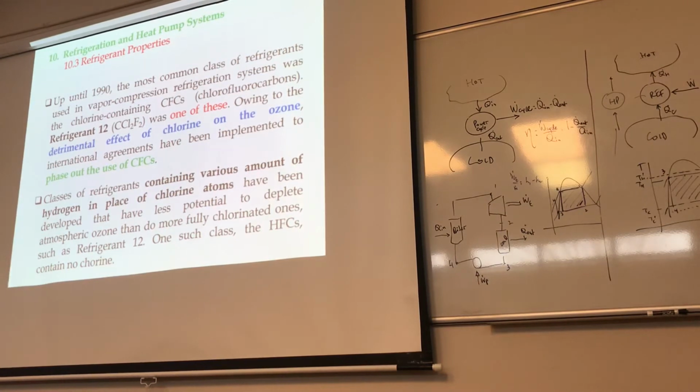Now that we have talked about the ideal refrigeration cycle, on to refrigerant properties. Up to 1990, the most common class of refrigerants used in vapor compression was the chlorine-containing ones, the CFCs, the chlorofluorocarbons, like refrigerant 12.